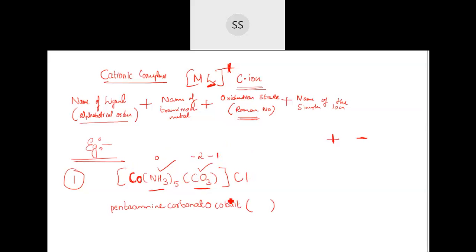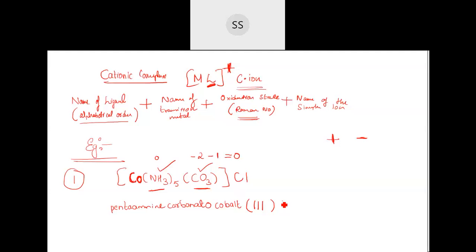The whole charge on the molecule is 0, because there is no charge anywhere, so it's a neutral complex. Here -2 -1 will be -3, taken to the other side it becomes +3. So the oxidation state is 3.